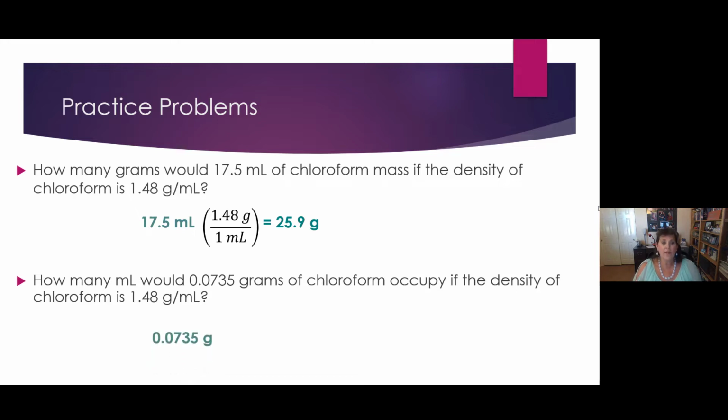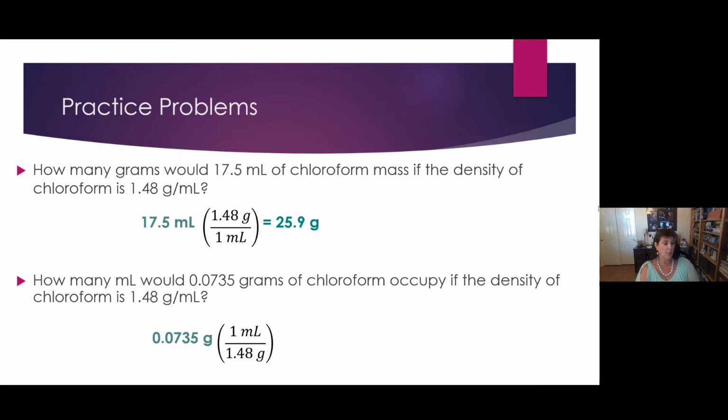Yeah, start with the 0.0735 grams. Good job. Density is next, in the parentheses with the line through it. Now, we're starting with grams, so what's on the bottom? Grams. The 1.48 grams is on the bottom. The 1 milliliter is on top like that. Grams cancel. We're left with milliliters. Does that answer the question? How many milliliters? Yes, it does. We're good.